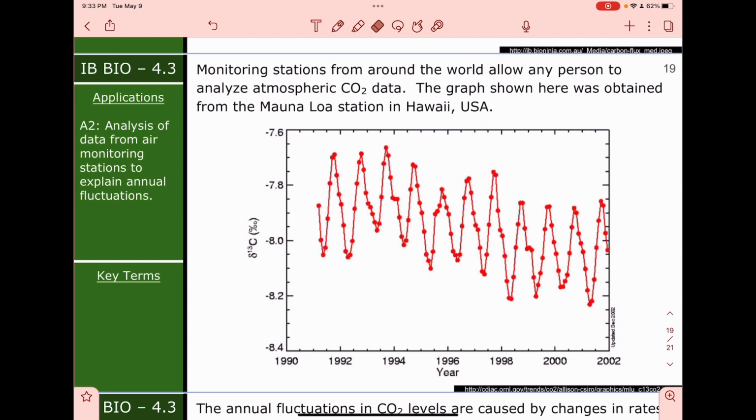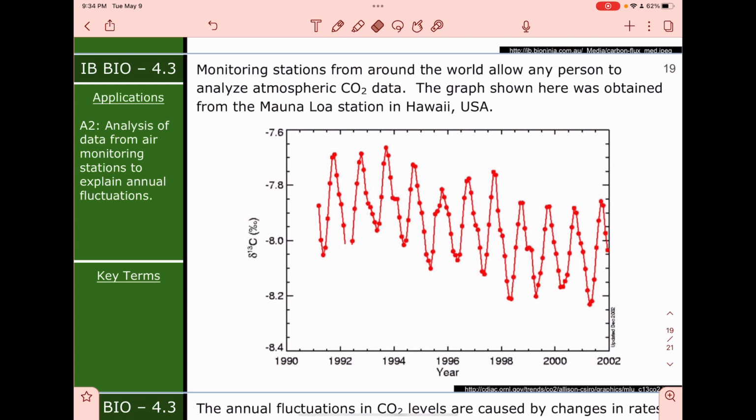And what you're seeing here is the peaks and troughs throughout the years. The peaks of carbon dioxide are actually the winter in the northern hemisphere, and the troughs of carbon dioxide are actually the summer in the northern hemisphere. And what we know is that in the summer of the northern hemisphere, we have a lot more vegetation on the northern hemisphere than we do on the southern hemisphere of the earth. And so during the spring and summer, you have a lot more green vegetation.